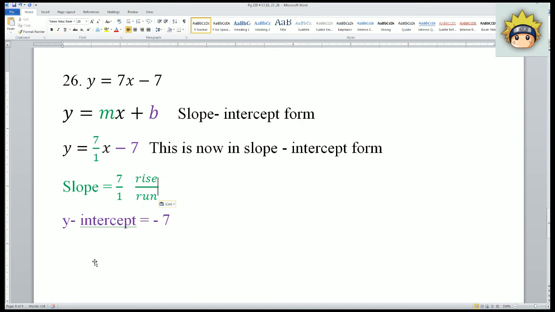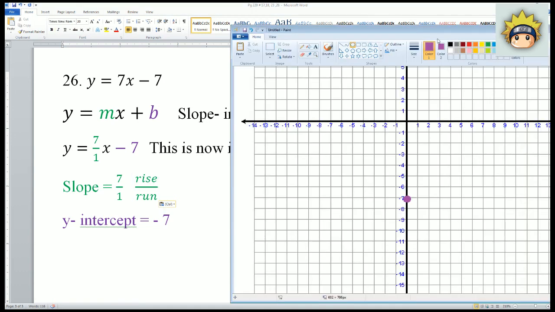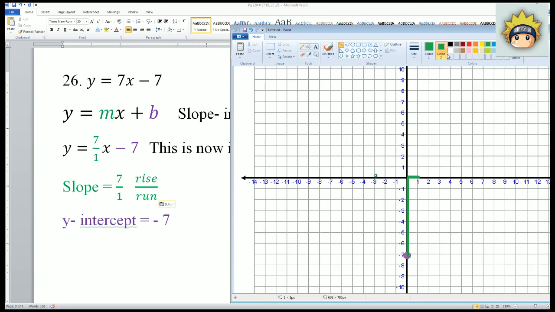The slope is telling me to go up 7, across 1. So 1, 2, 3, 4, 5, 6, 7, then across 1. That's going to be my second point.